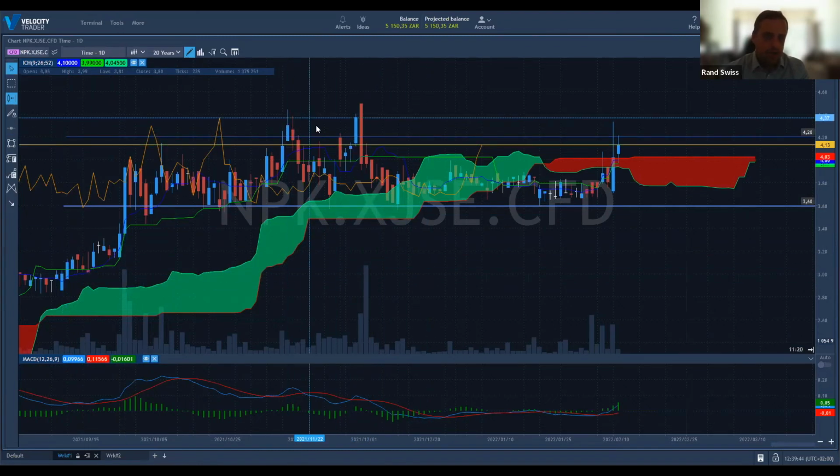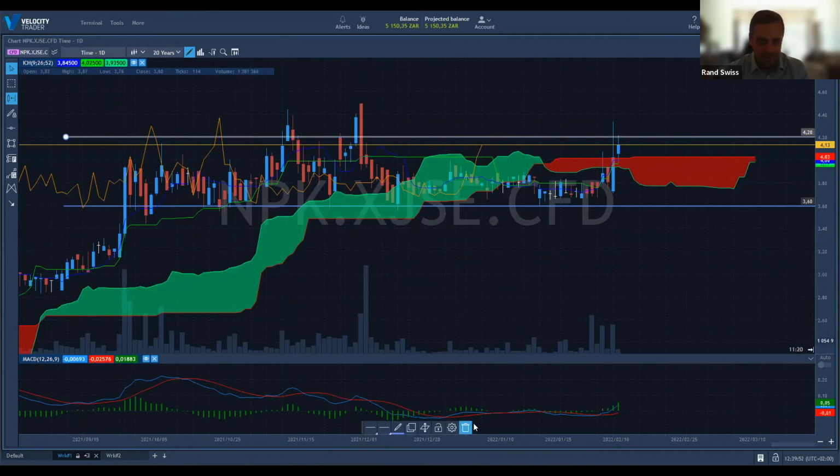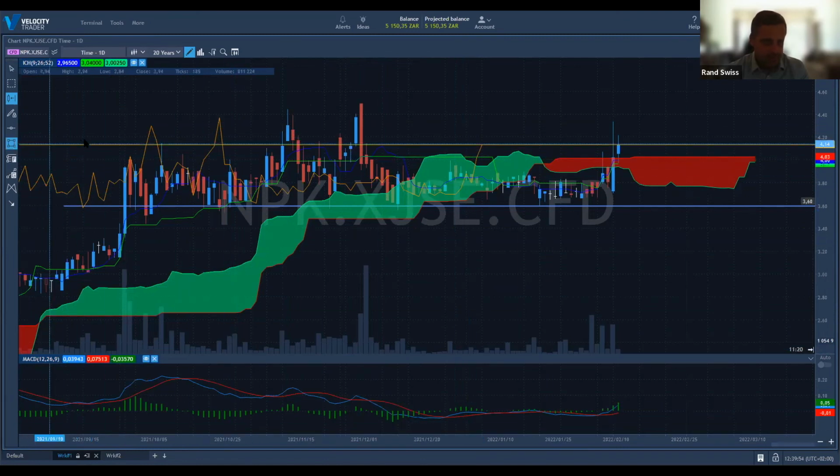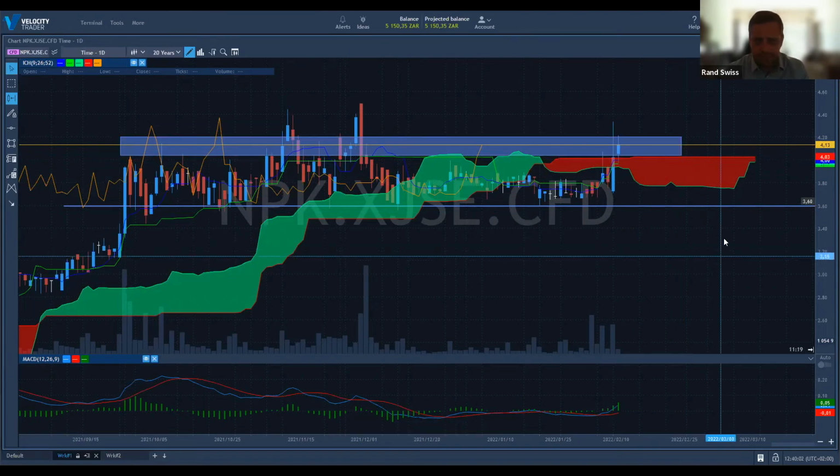Yes, it has broken above it, but false breakouts, most of the time. Let's rather make it an area than a line. So what's that? 4 Rand to 4 Rand 20. That's the area of resistance.